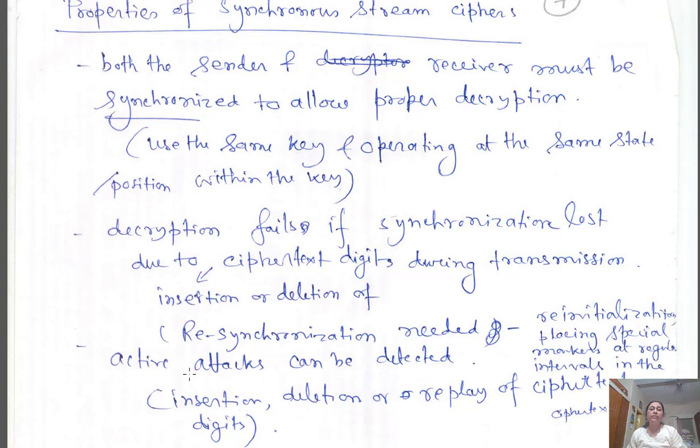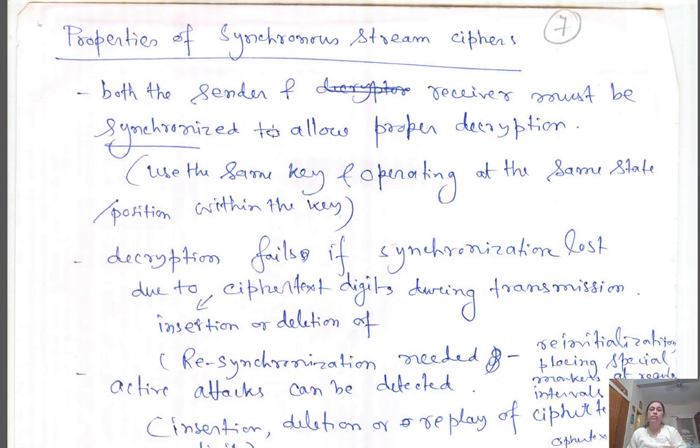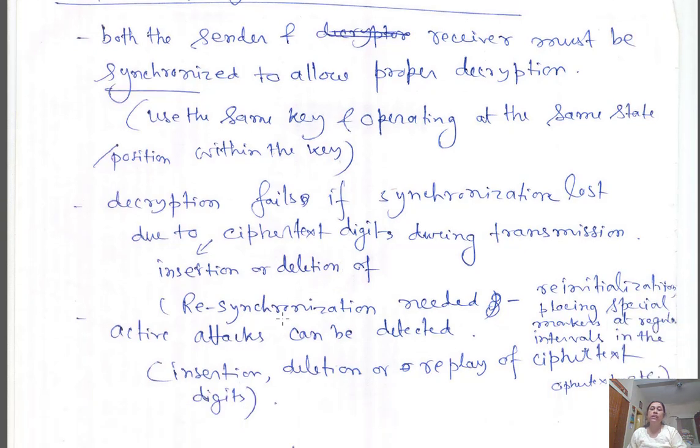An active adversary is one who can insert new ciphertext digits, delete some ciphertext digits, or replay the same ciphertext digits again and again. You can detect this because of the synchronization property. If you lose synchronization you have to resynchronize, and it helps you determine the presence of an active attacker in the system.